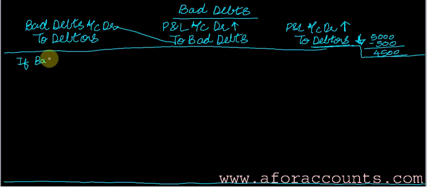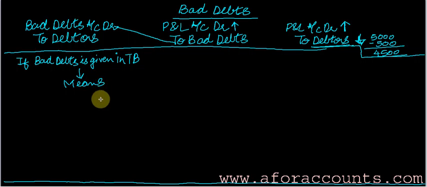If it is given in the trial balance, it means what? It means in the balance sheet, bad debts is already deducted from debtors because it is already in the trial balance and not separately placed in your additional information.